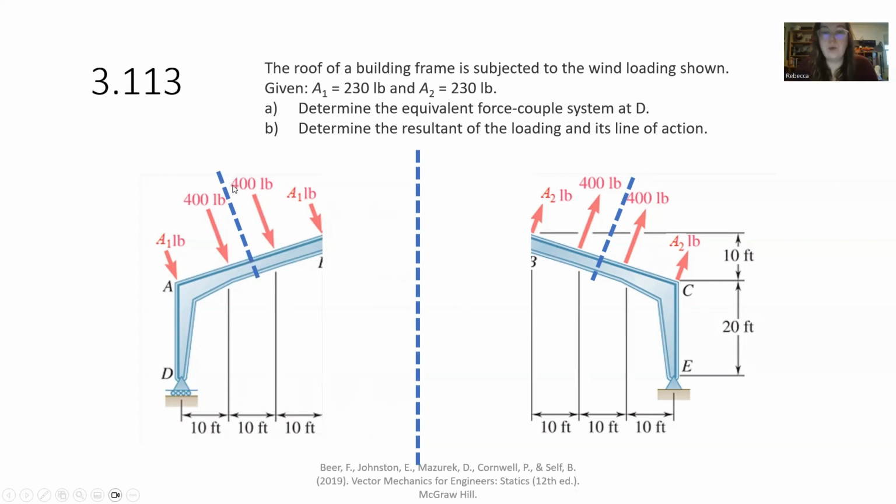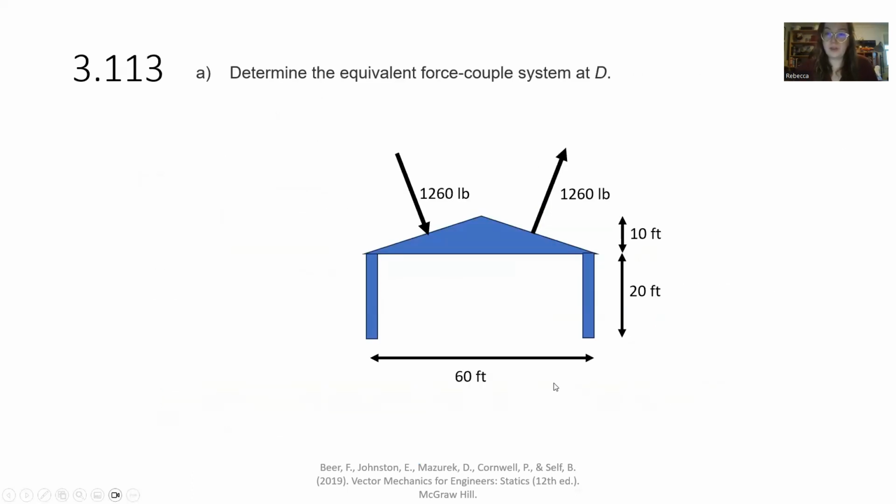So we'll end up with two forces, each of 400 plus 400 plus 230 plus 230. So I think that brings us to 1260. Either way, we end up with two forces of magnitude 1260.